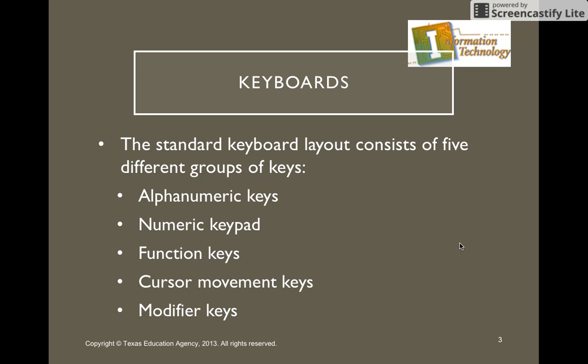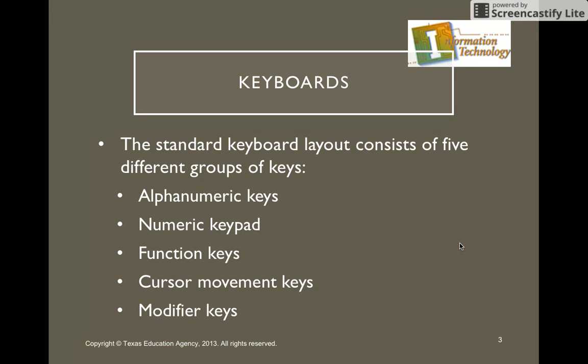When it comes to the standard keyboard, just like the one that you have, the layout consists of 5 different groups of keys. There's the alphanumeric keys, which is the alphabet with the numbers on top. There's a numeric keypad, which is usually on the right side of the keyboard. There are the function keys, usually on the very top of your keyboard, like F1, F2, F3, and so on.